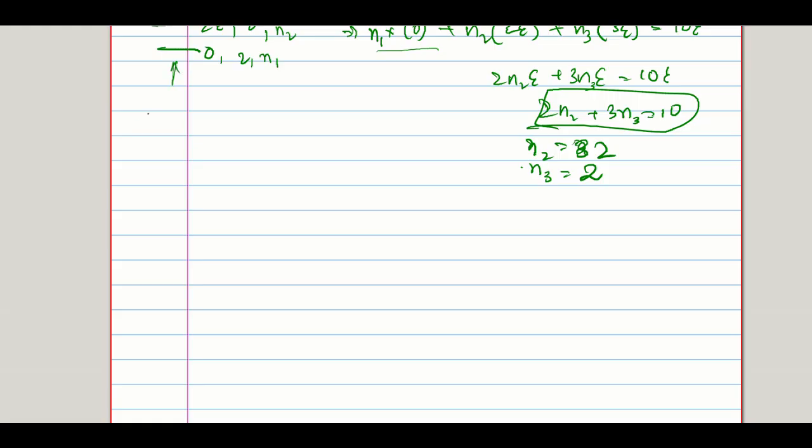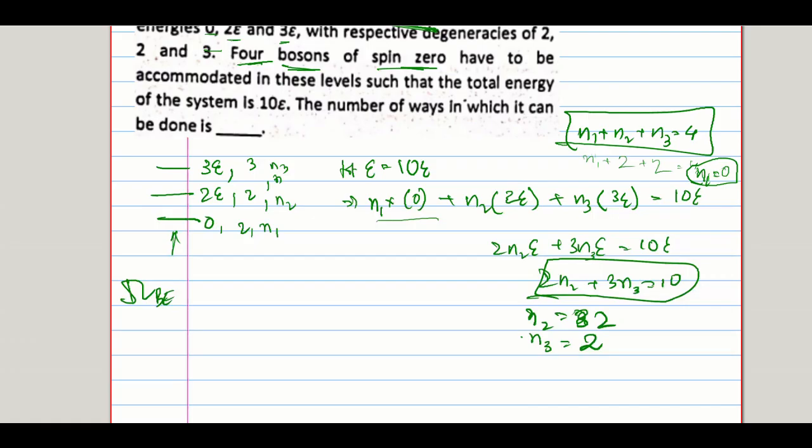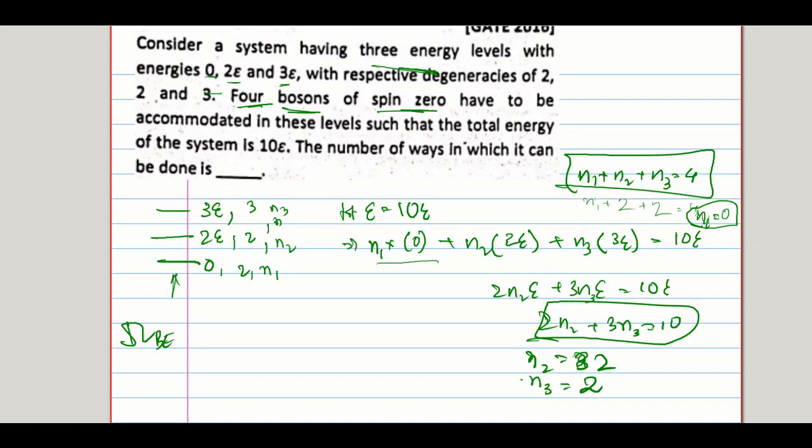So for Bose-Einstein statistics, given these are bosons, let's write the general formula first: ni plus gi minus 1 factorial divided by ni factorial into gi minus 1 factorial.